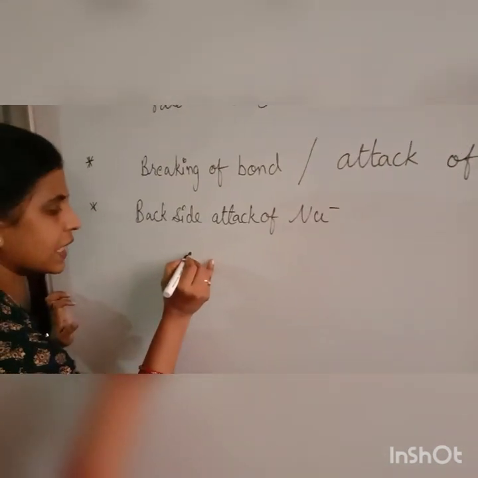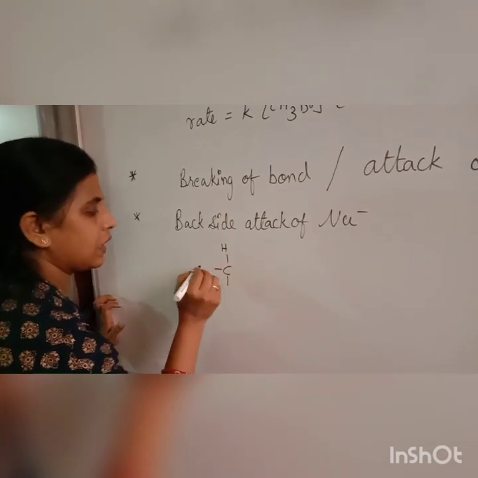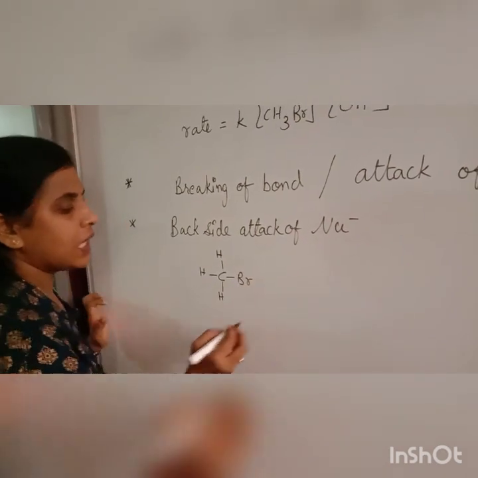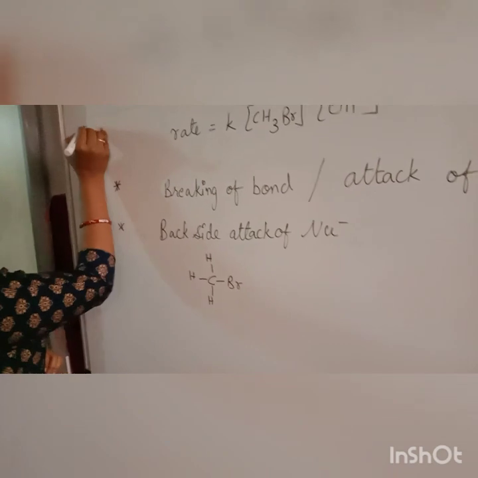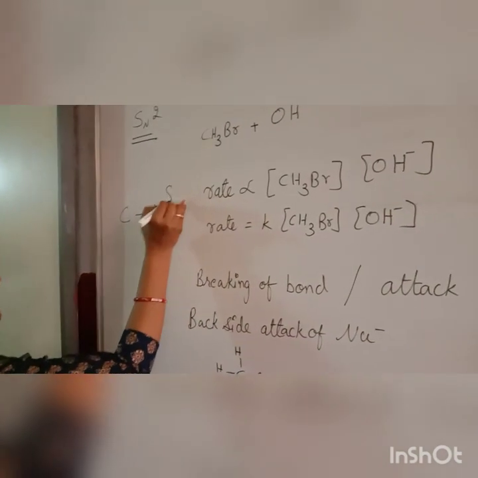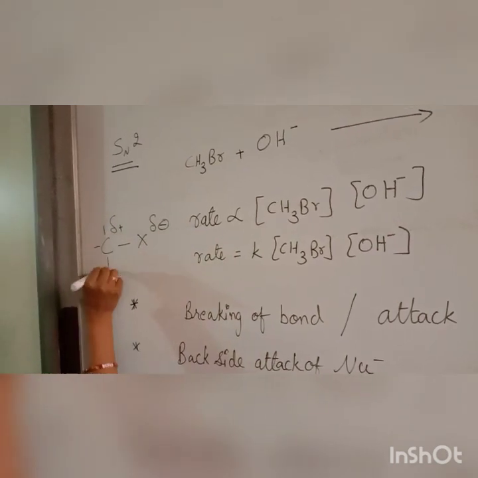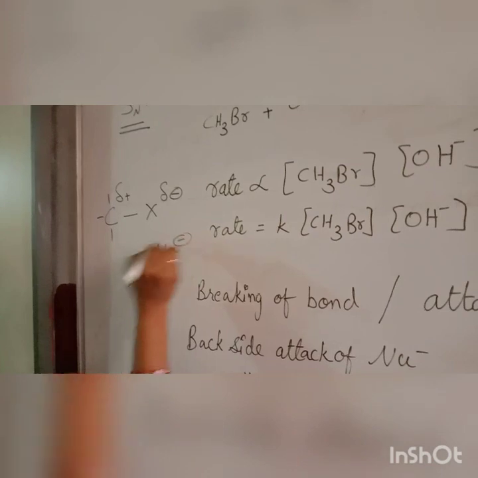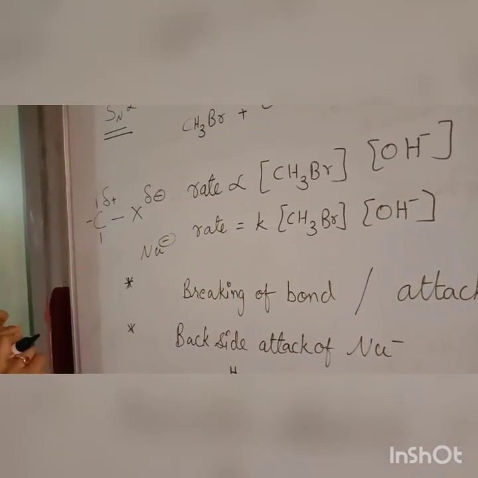Let us see the reaction. I have my methyl bromide. We know that the carbon and halogen bond is polar. The nucleophile is a negatively charged species, an electron rich species which attacks the electron deficient one.